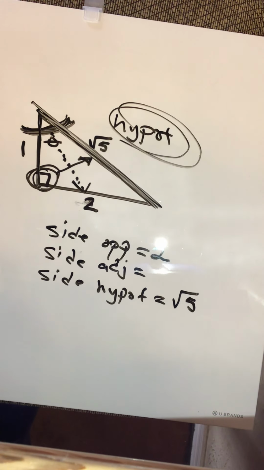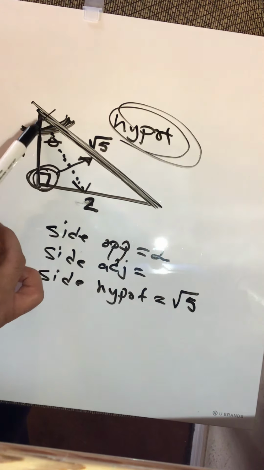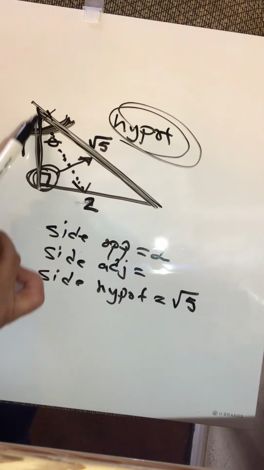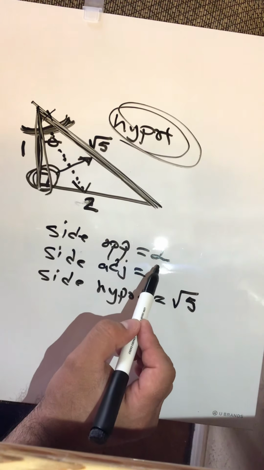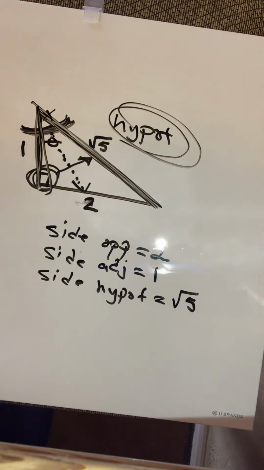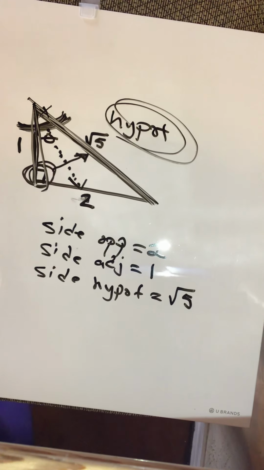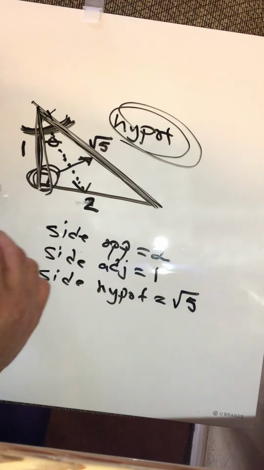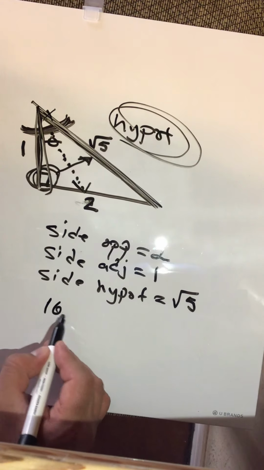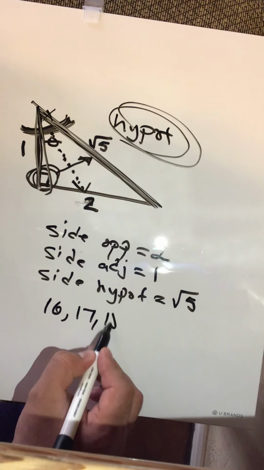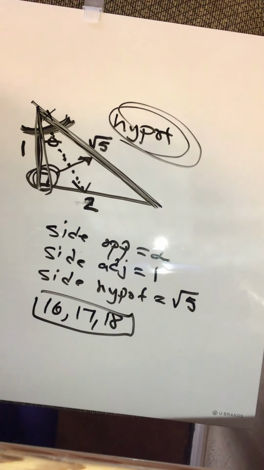This is why we label that one first. So, since this one can't be my side adjacent, it has to be this side, which is 1. So, these are my answers, or how to work out problems 16, 17, and 18 on your homework.